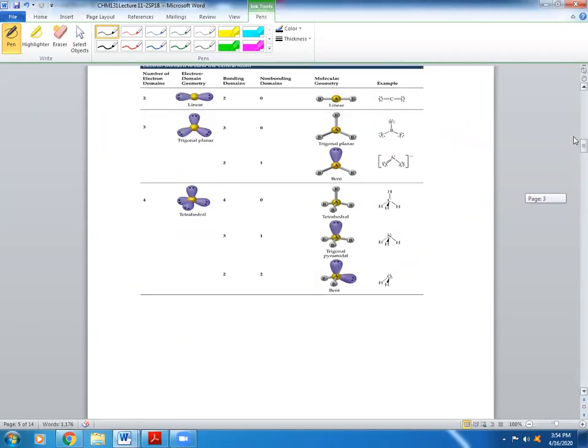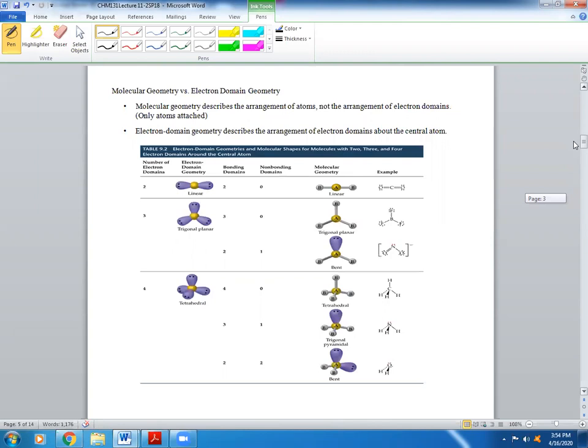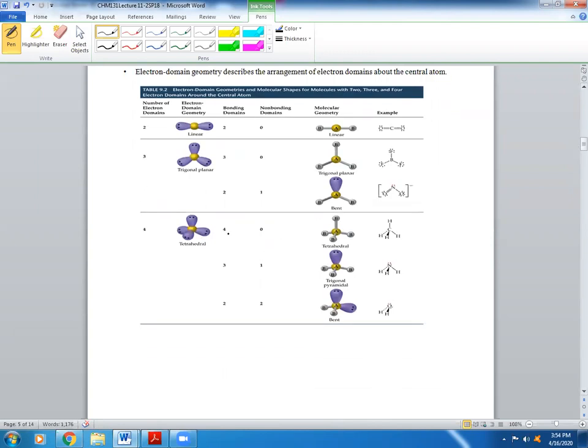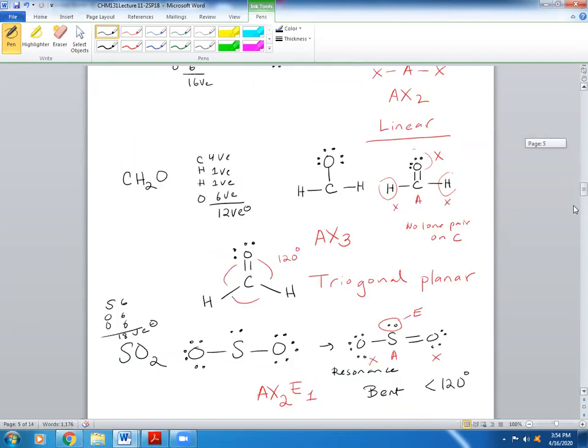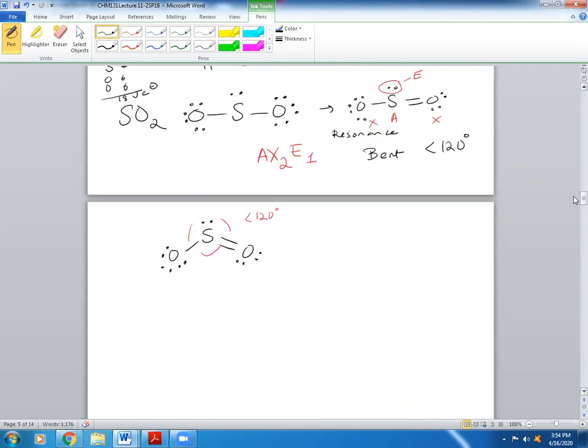So we are basically right here. Now we're going to work on the tetrahedral ones and the other ones. Okay. So if I have C, well, we did CH4. Let's do SiF4.